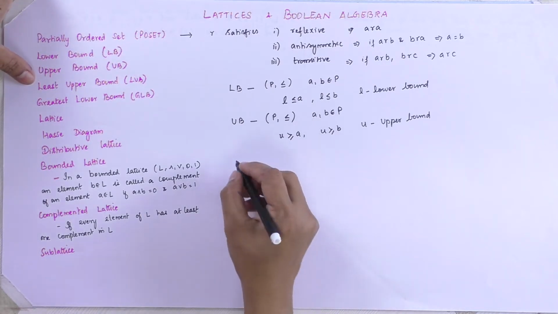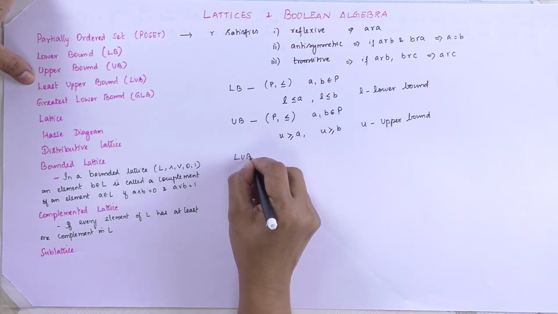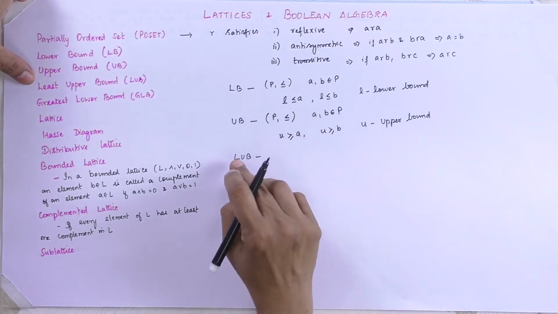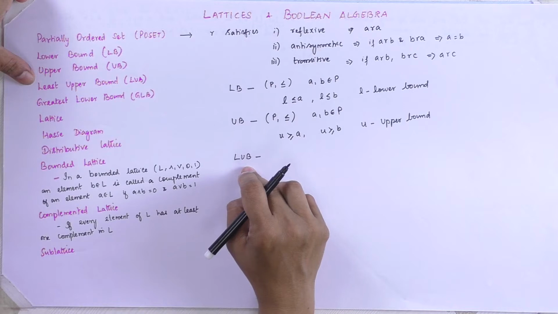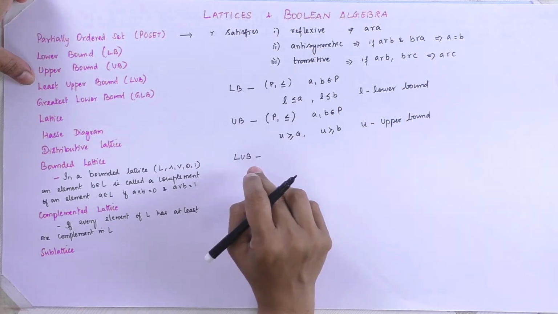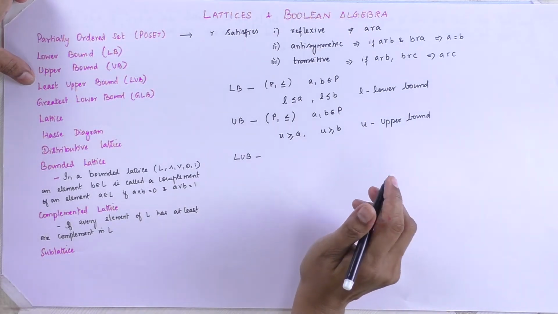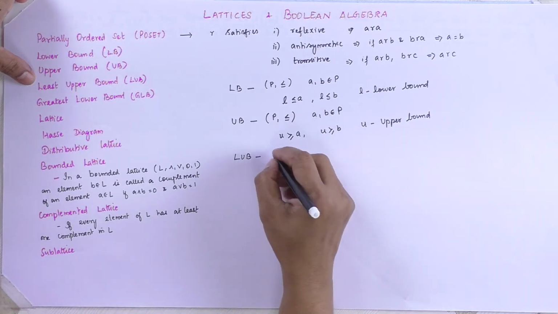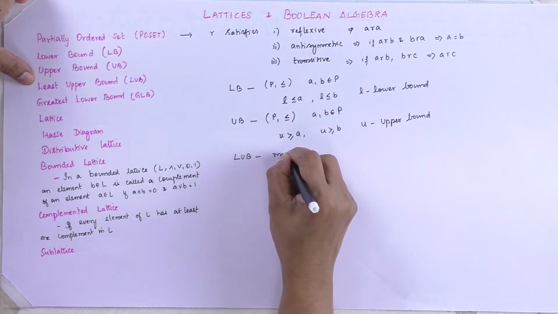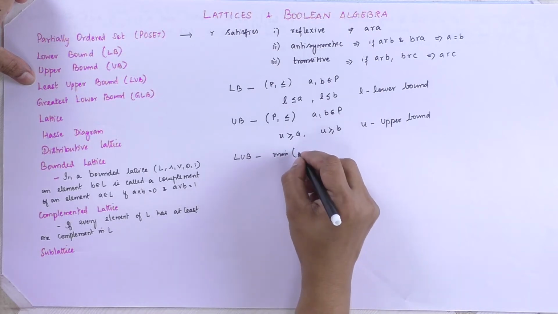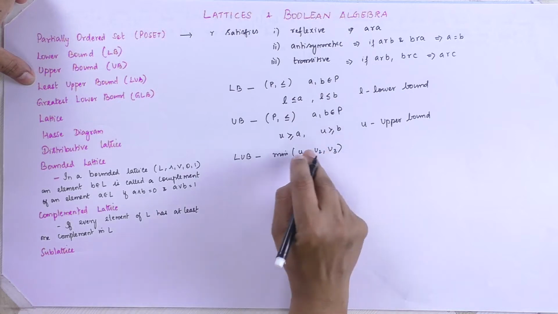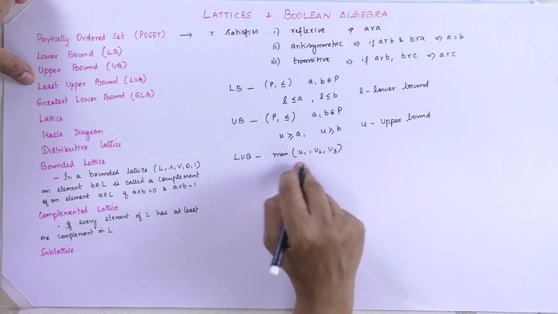And next is the least upper bound, LUB. So least upper bound in the sense, I may have many upper bounds, of which I have to find out which is least among them, right? So which means that I may have many upper bounds, say for example U1, U2, U3, and I will have to find out the minimum of all these three.